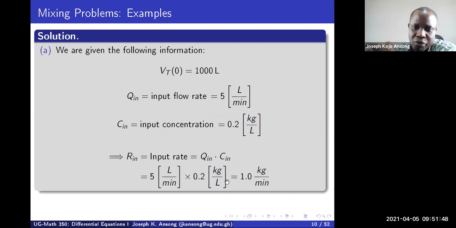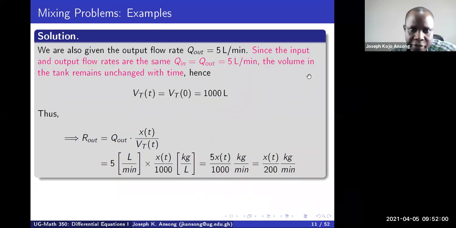So my R in, the input rate, is these two numbers multiplied: 5 times 0.2 is 1. So our input rate is 1 kilogram per minute. Now we know Q out, the volume flow rate flowing out, is 5 liters per minute.